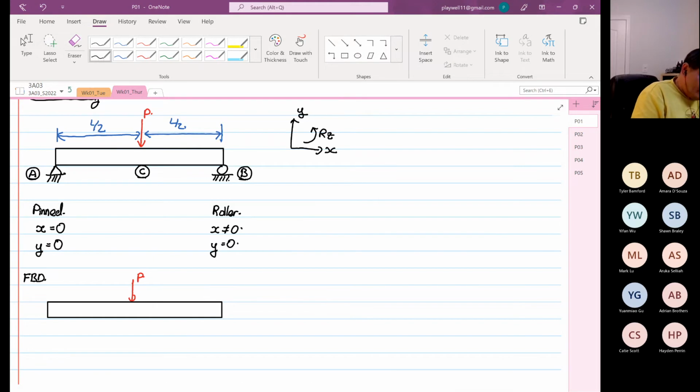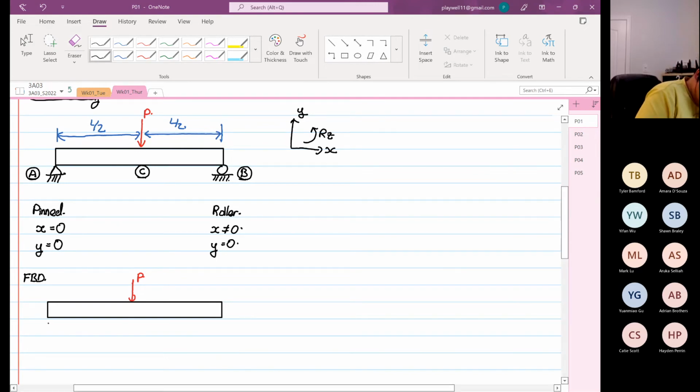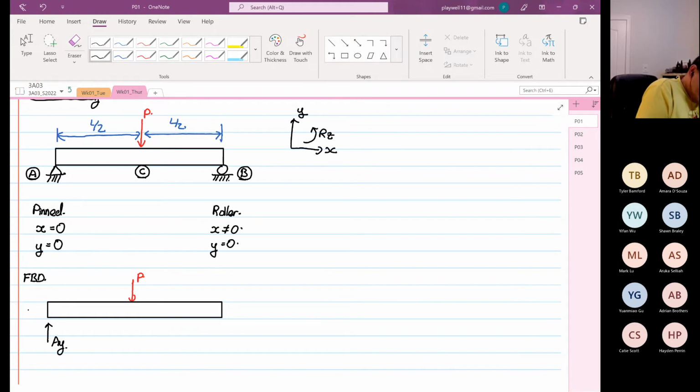At point A, we don't allow motion in X or Y. If you restrict motion, there is a reaction. So for this case, you will have a reaction AY, which restricts the structure at point A from falling down, and over here we will have AX.